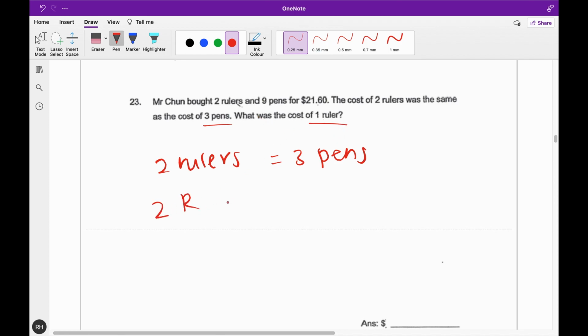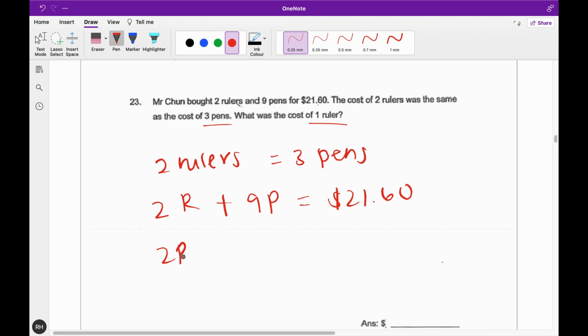So 2 rulers plus 9 pens equals $21.60. We want to find the ruler, so we should change these pens into rulers. So 9 pens is the same as how many rulers? So we have 3 pens, 6 pens would be 4 rulers, 9 pens would be 6 rulers.